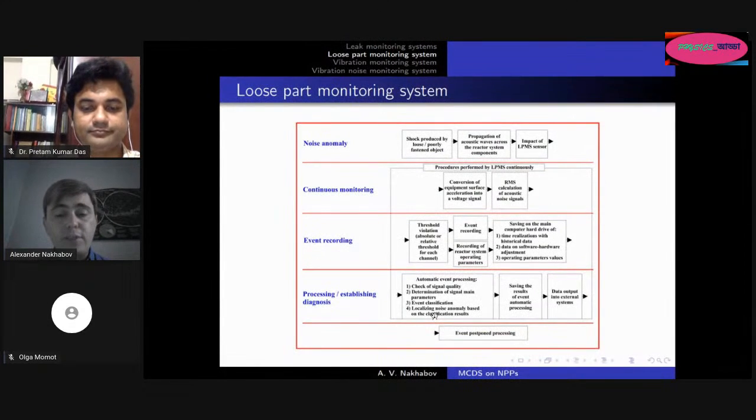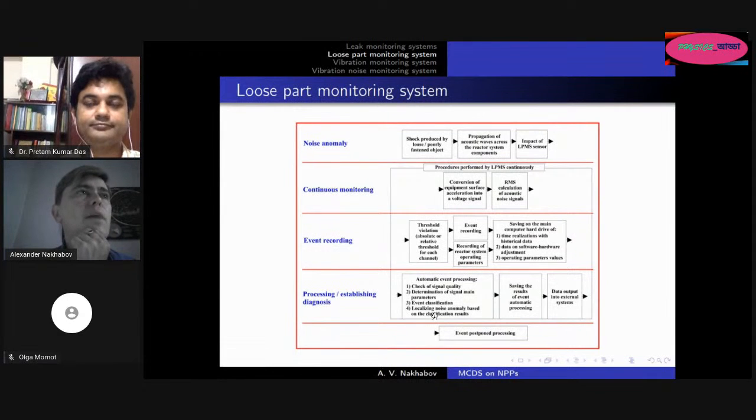And of course, it's very desirable for the system to provide some diagnosis. Diagnosis, in terms of a loose part monitoring system, means we should say, for example, that a free object with a mass of several grams was detected. Because the most important parameter may be the mass of this object.